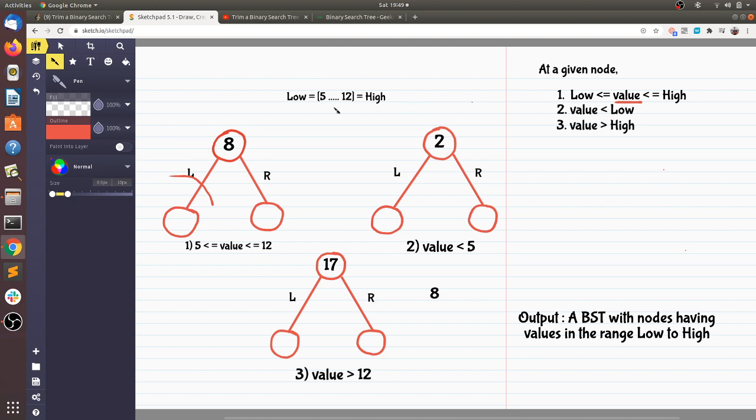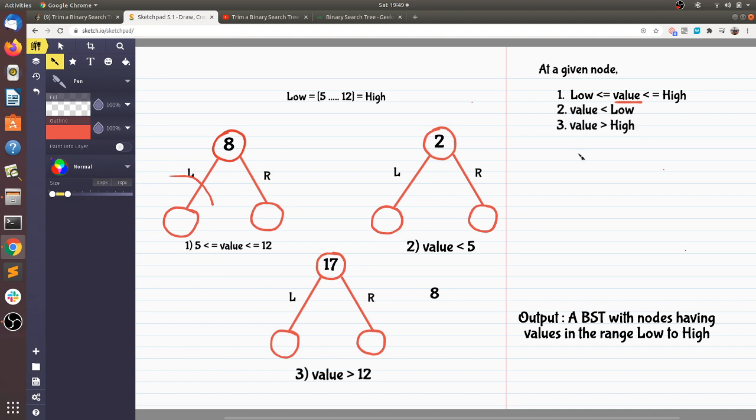What I mean is, it could be less than low or it could be greater than high. Do we have any other cases except these? No, these are the 3 cases. Now let's see how we recursively build the solution for these 3 cases.